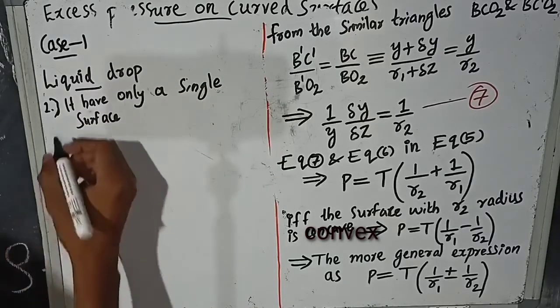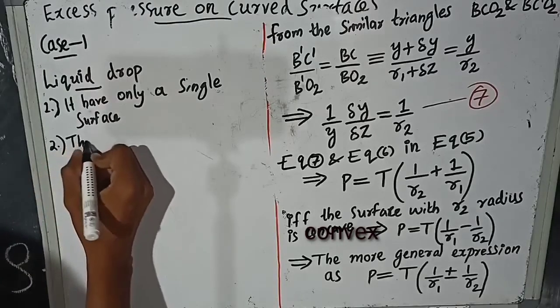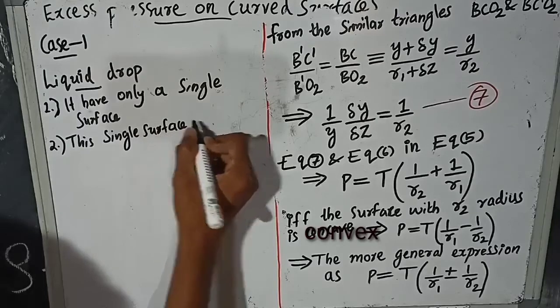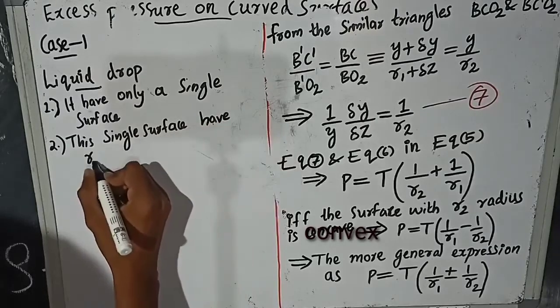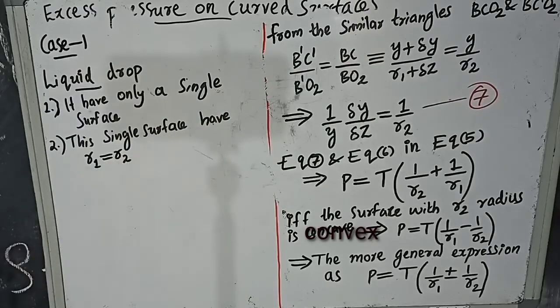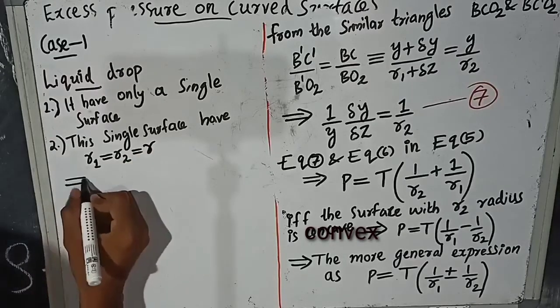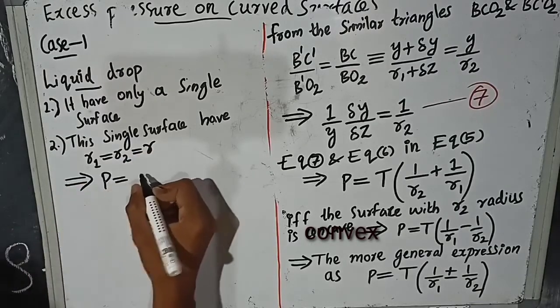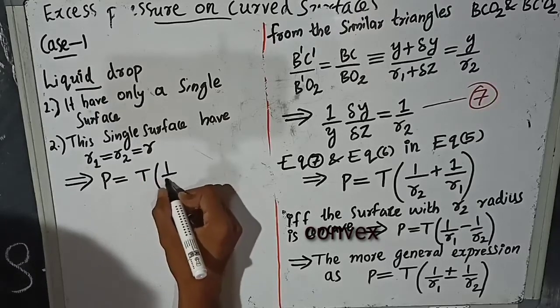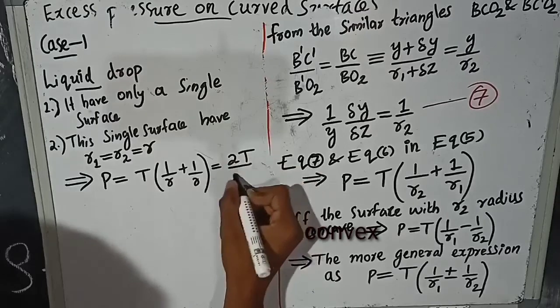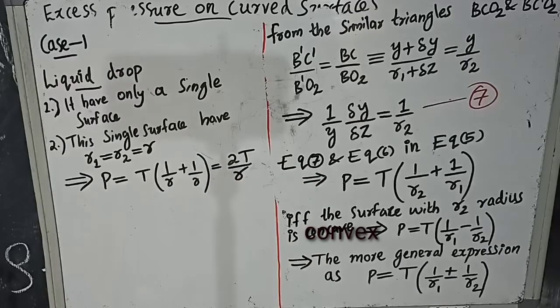This single surface has uniform curvature throughout its area. So we can write R1 is equal to R2, which is equal to R. This gives the formula for excess pressure P as T times 1 over R plus 1 over R, which is equal to 2T by R.